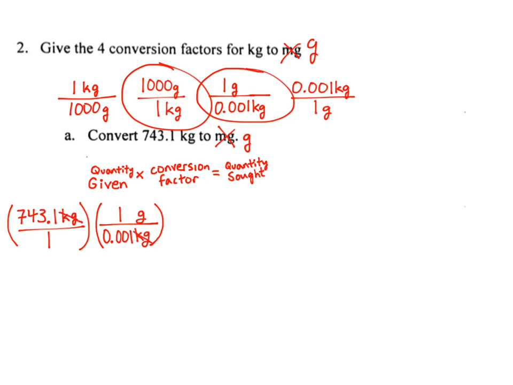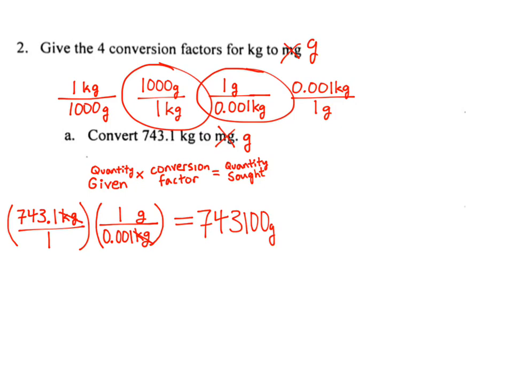Okay, so now we go ahead and cancel out our kilograms, and then we do the math, and we get 743,100 grams. And I'm going to move that back over so it's a little closer to our math over here.